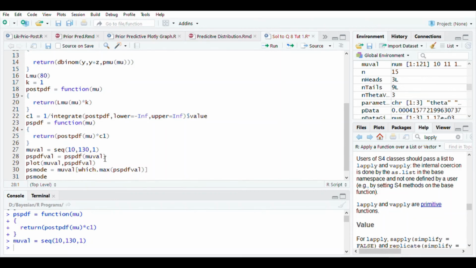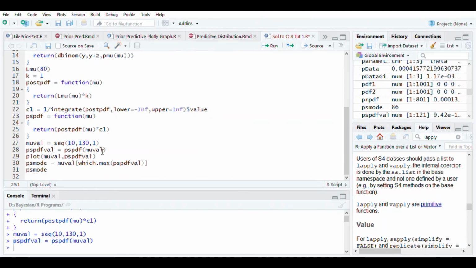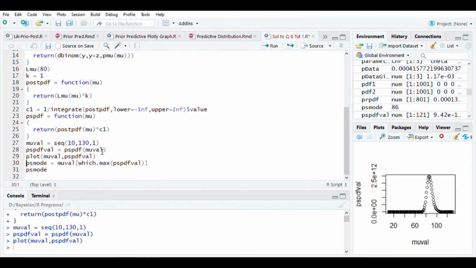Since it was 70 given earlier, I have arbitrarily chosen 70 plus minus 60 here. You can try other values, it doesn't matter. We can change these values as well. So let us compute the posterior PDF at all these values and have a look at the plot. Now let us zoom in to have a better picture.